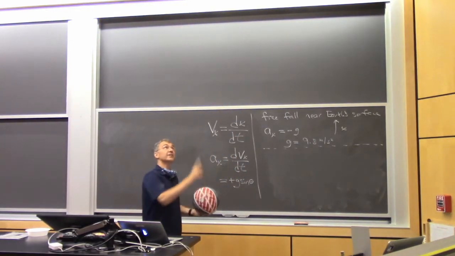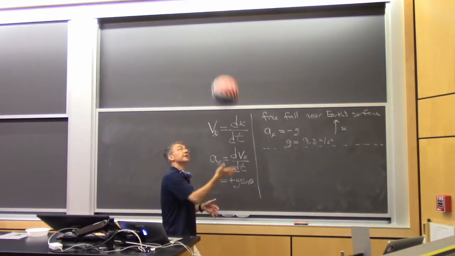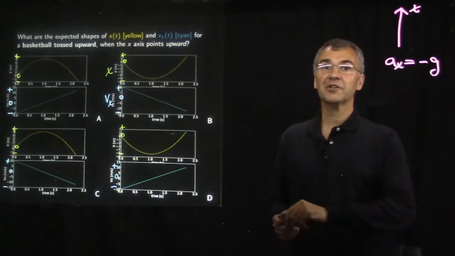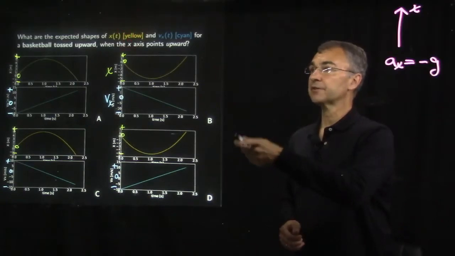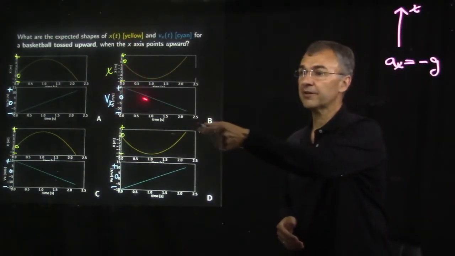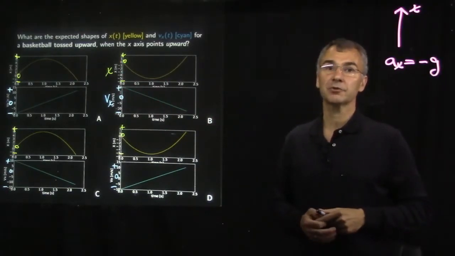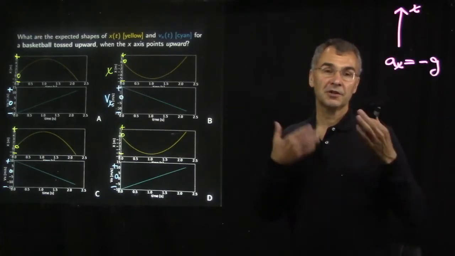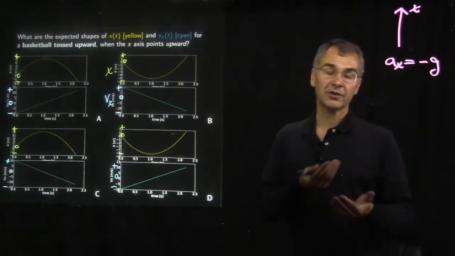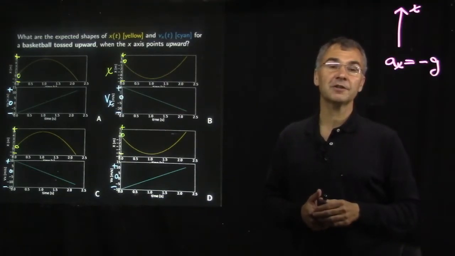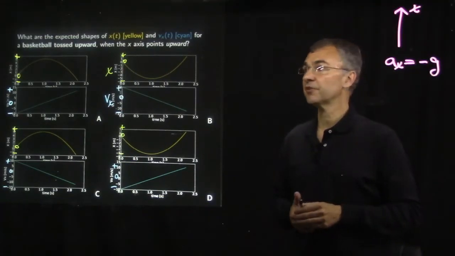And again, we have the x-axis pointing up. So a sub x equals minus g. What are the expected shapes of x of t in yellow and v sub x of t in light blue? So remember, x is the vertical coordinate, so x equals 0 should be near the ground, and as we go up, x gets bigger and bigger in these one-dimensional free fall problems.